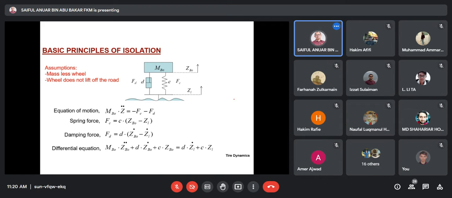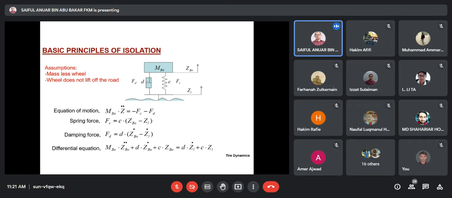Okay, this is a basic illustration of the basic principle of isolation for suspension. Last time during your dynamics subject, you only learned about the mass spring system, which is just an introduction on how the motion of a mass supported by a spring can be controlled by using different values of spring stiffness and damping coefficient, which comes from the shock absorber or damper.